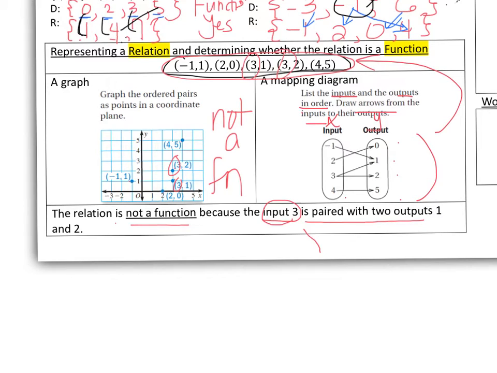And then draw the arrows, negative 1 to 1, 2 to 0, 3 to 1, 3 to 2, and 4 to 5. And notice 3 is paired with 2 outputs, 1 and 2. So not a function. These are 2 ways to represent a relation, using the graph and using the mapping diagram.